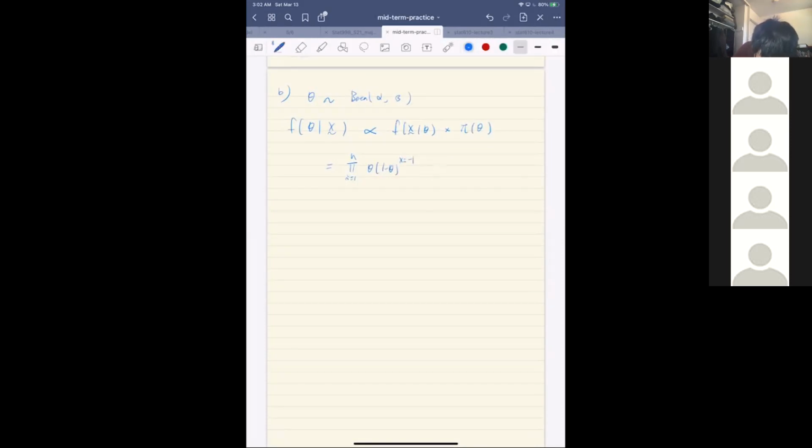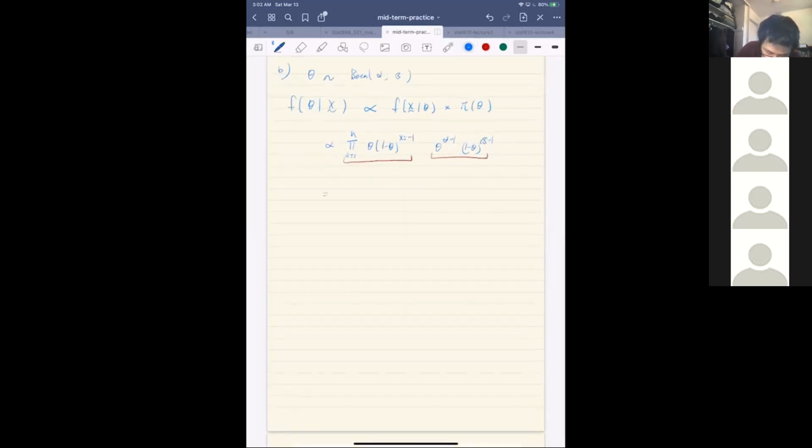We only have to calculate the terms that depend on theta. So theta to the alpha minus 1. Okay. So this is proportional to this. This is from the prior, and this is from the data.